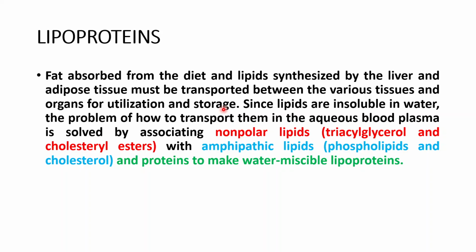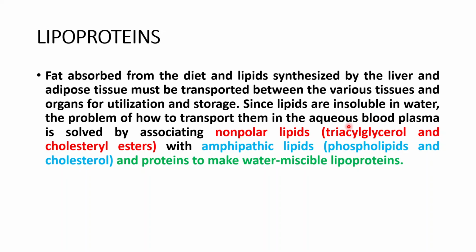Since lipids are insoluble in water, the problem of how to transport them in aqueous blood plasma is solved by associating non-polar lipids. Always remember, it is very easy to learn metabolism if you know the structures. If you know the chemistry, you can easily learn the metabolism. So this problem is solved by associating non-polar lipids.